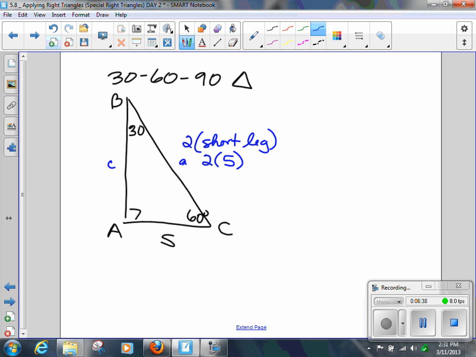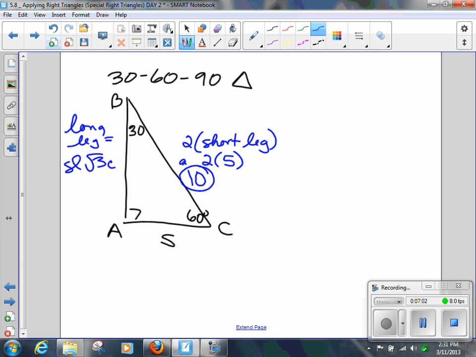What's that hypotenuse? If it's 2 times 5, it's what? 10. So that's 10. What's left for us to find? The long leg. Okay? The long leg is SL square root of 3. What does SL mean? The short leg times the square root of 3.